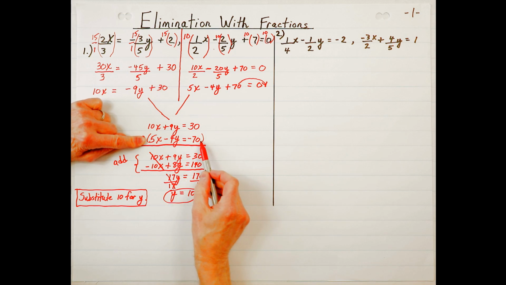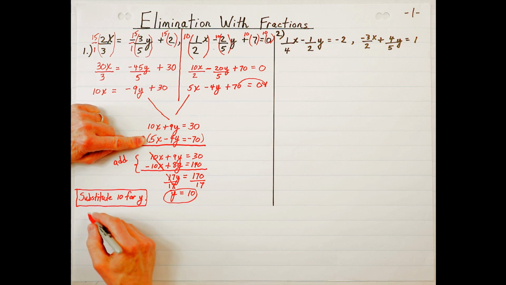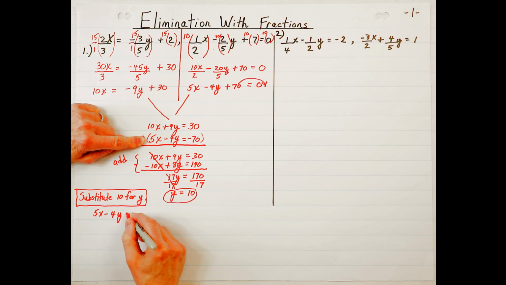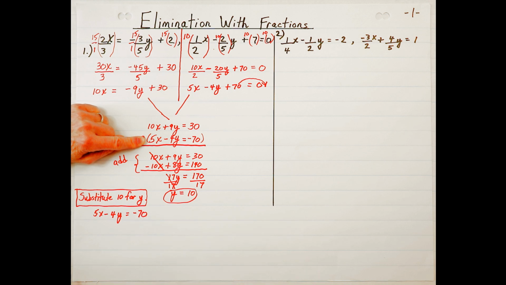So I'm going to go with the bottom equation, the second one. 5x minus 4y equals negative 70. Y is 10, so I'm going to replace y with 10. Does that look okay?